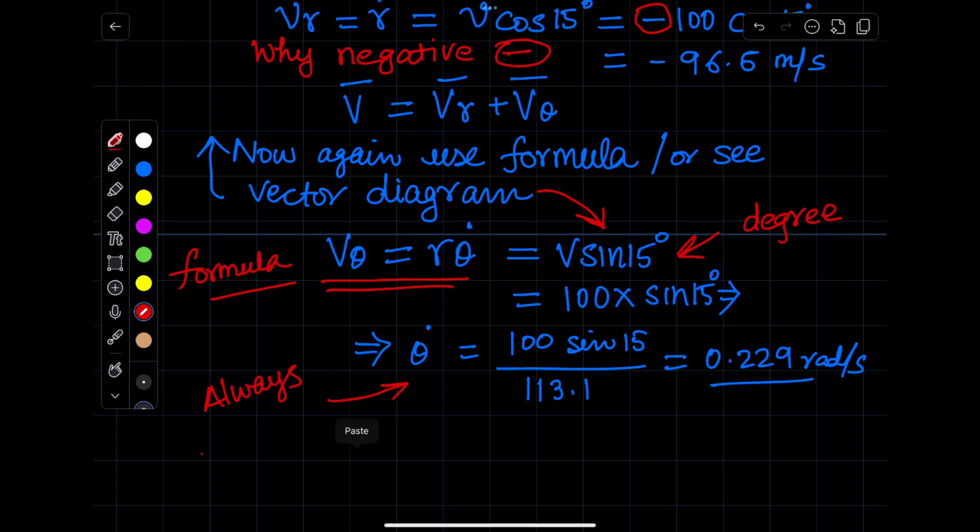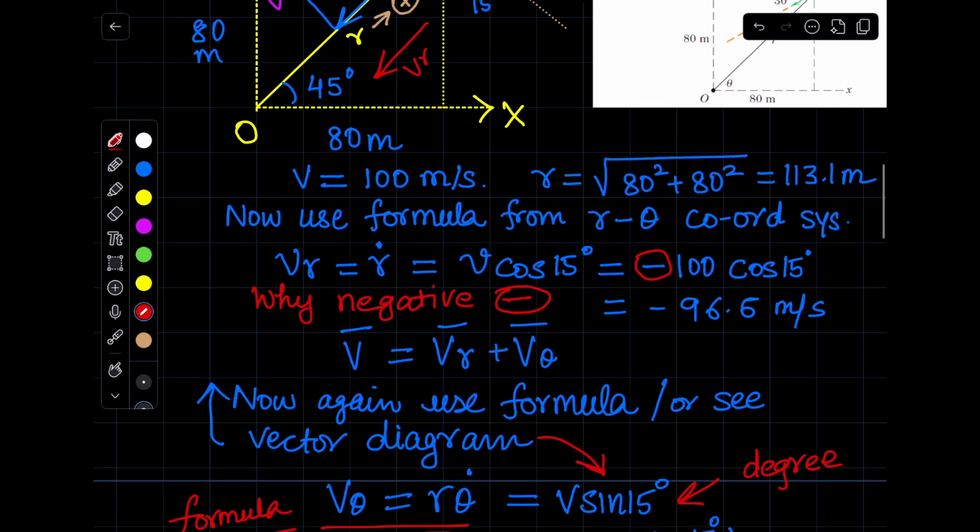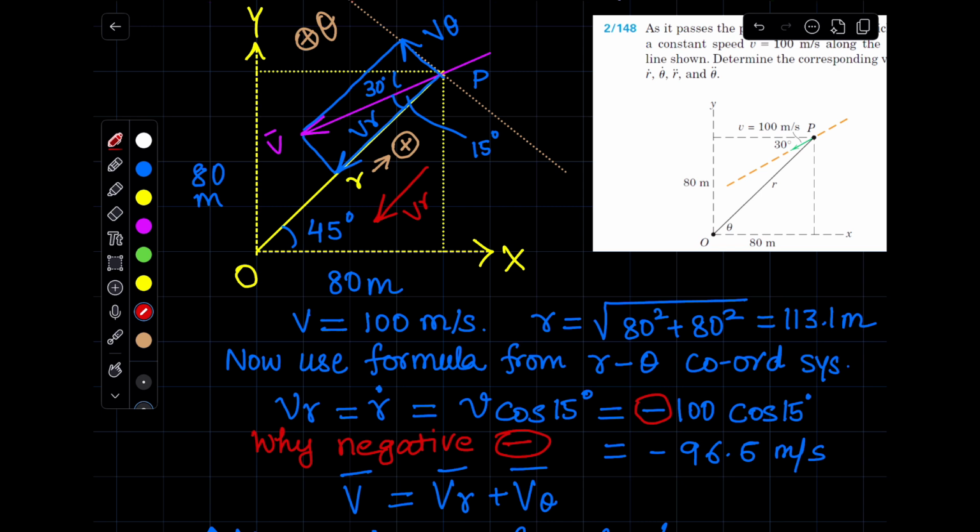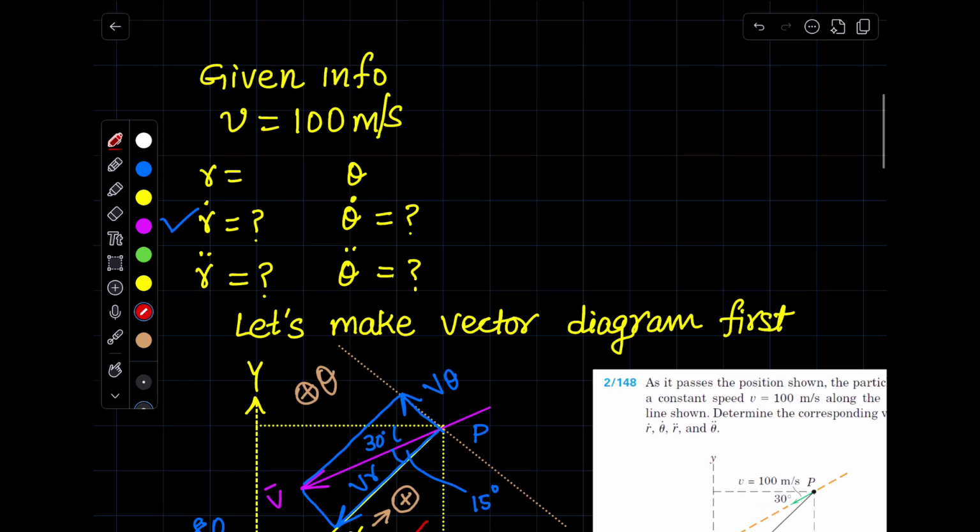So that's why we wrote radian per second. And the unit is always radian per second for theta dot, although when we have to calculate the components, we use the angle in degrees. So now we have received the value for theta dot.